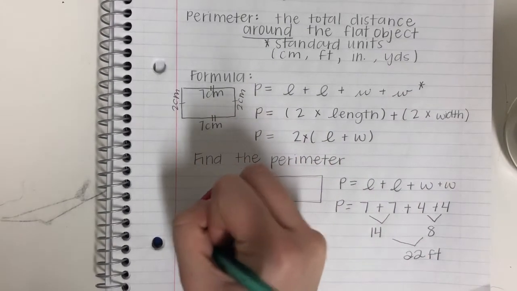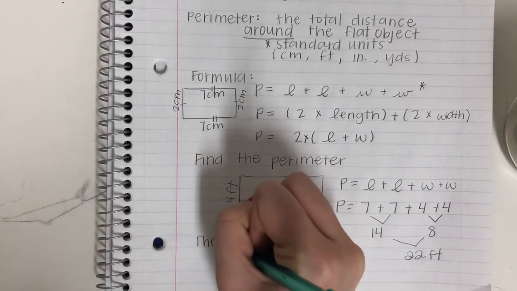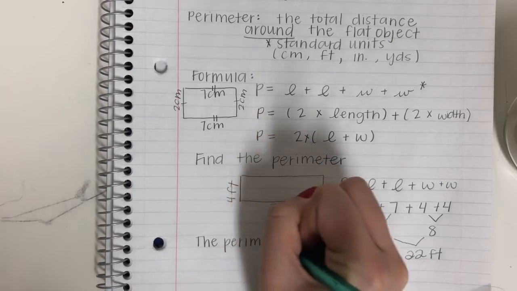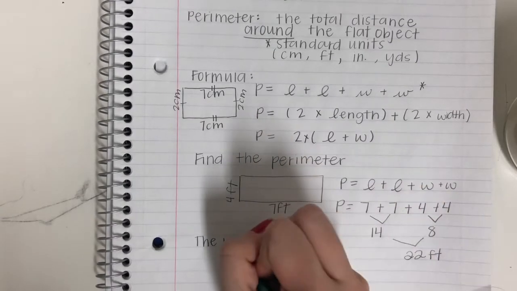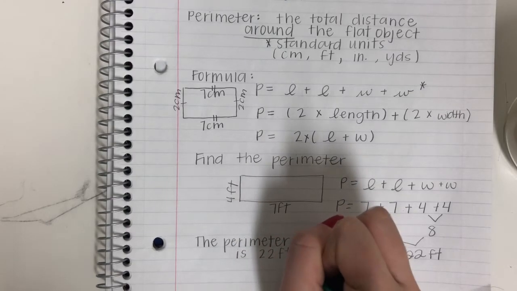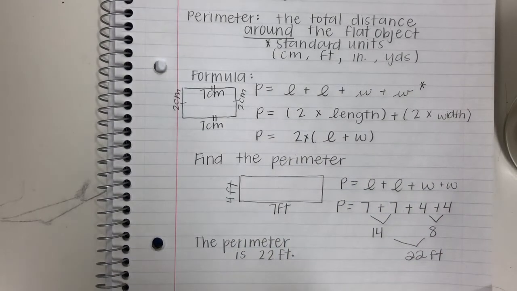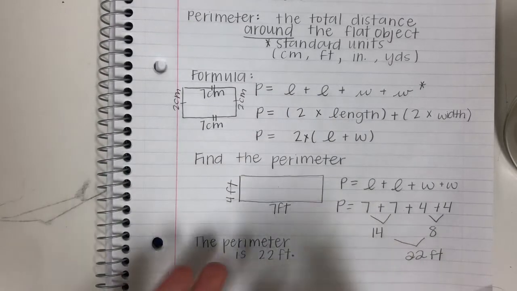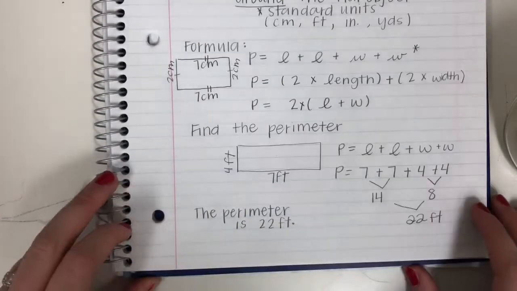So the perimeter is 22 feet. I did not put the squared because I'm just adding up the sides. I'm not looking at what's on the inside. I'm just measuring around the outside.